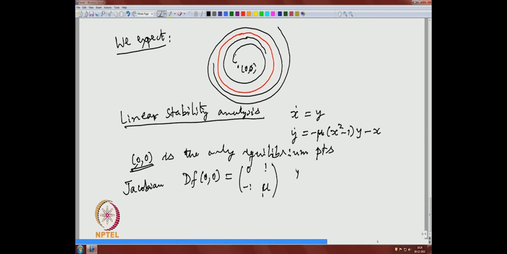So, the eigenvalues are given by 1 by 2 mu plus or minus square root of mu square minus 4. Okay.